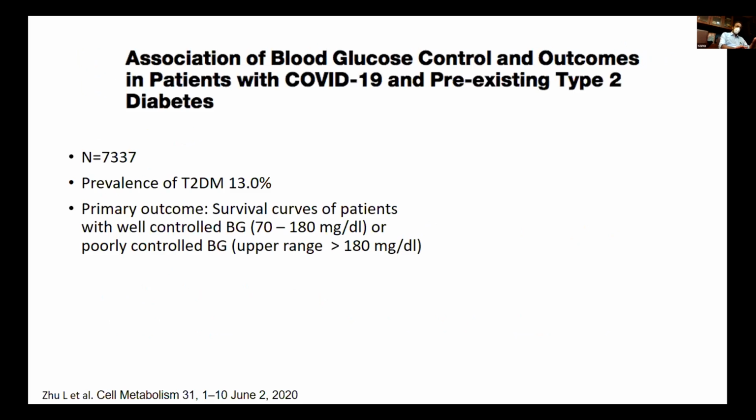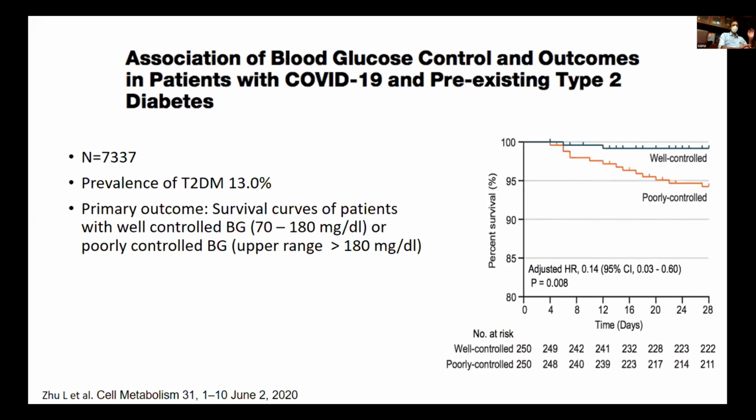This study involved almost 7,000 patients, and they tried to study survival in 2 groups. The first group consisted of patients who had well-controlled blood glucose throughout the hospital stay, that is 70 to 180 milligram per dl. The second group had poorly controlled blood glucose at any time during the hospital stay, even for 1 day.